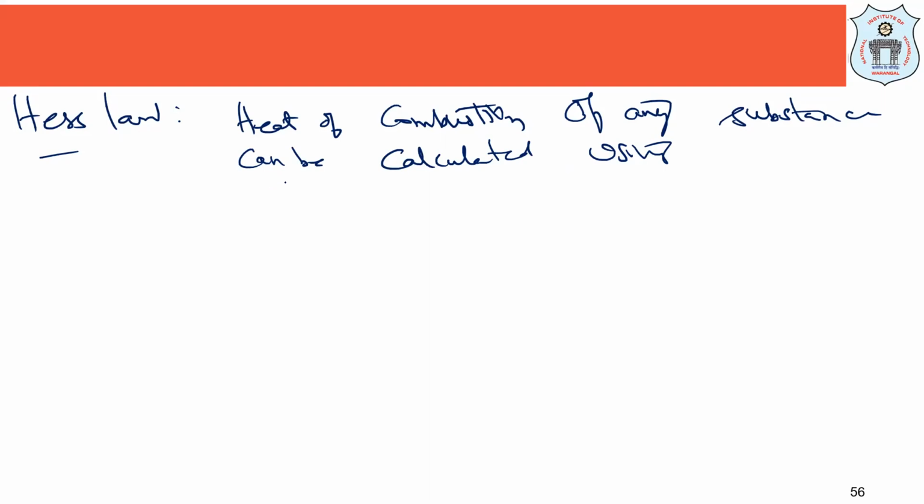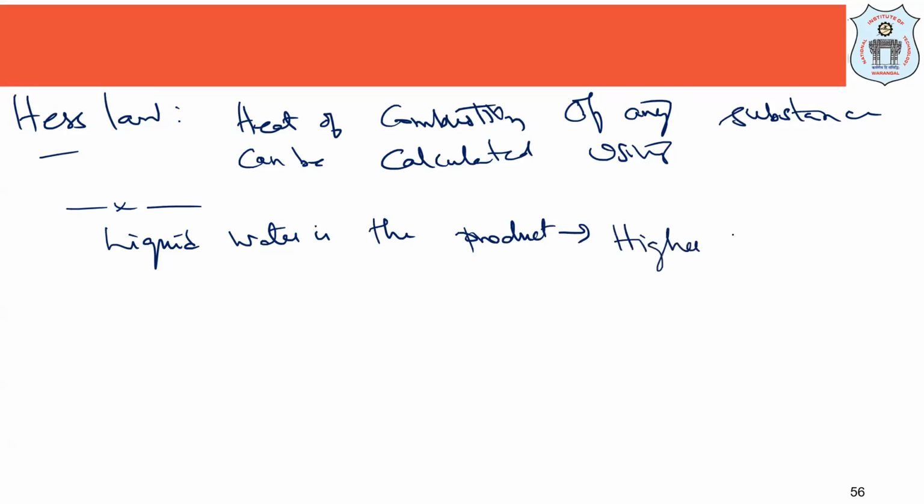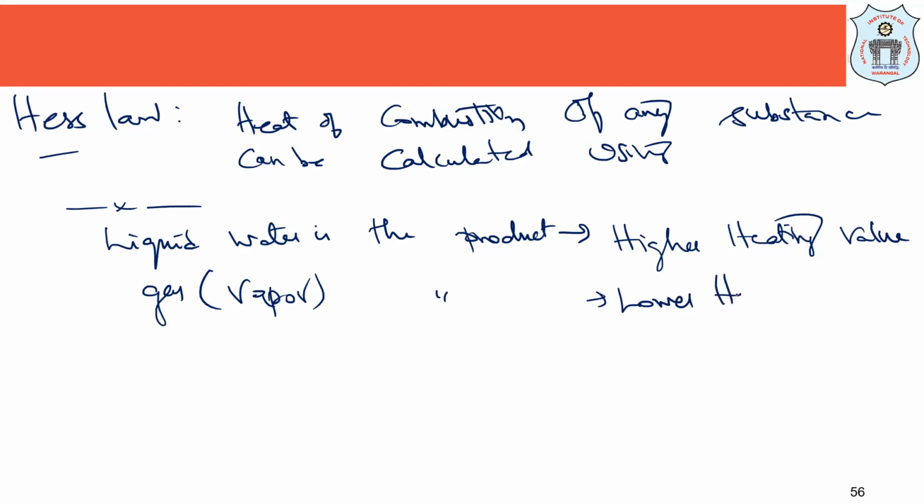Okay, so now we should know that when liquid water is the product, we are going to have a higher heating value, and when water vapor, the gaseous form of water, is the product, we are going to have a lower heating value.